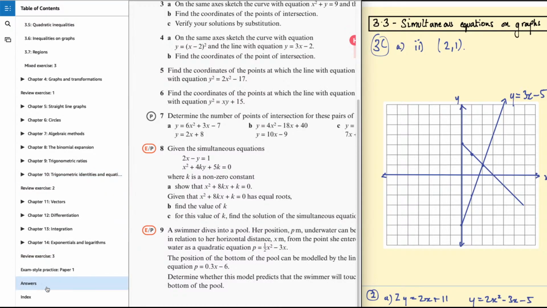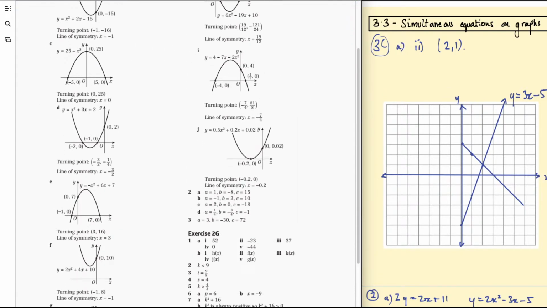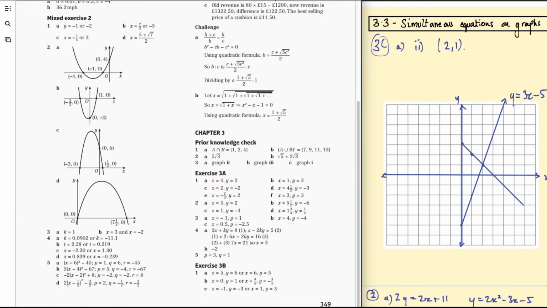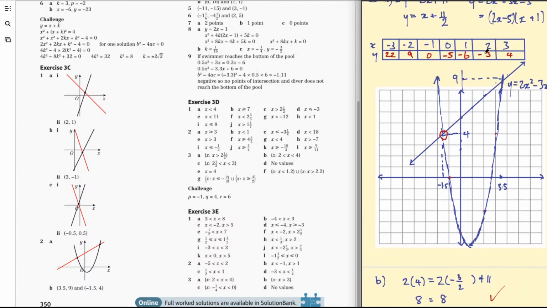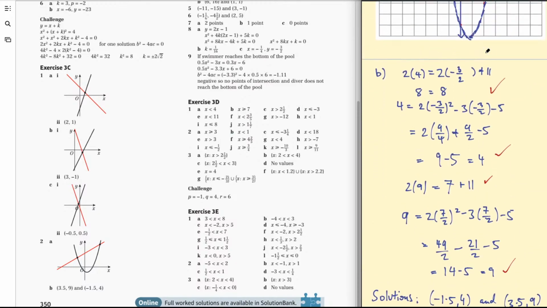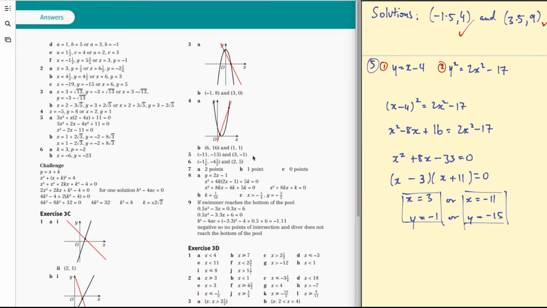So this was exercise 3C. Okie dokie. 3CA was 2, 1, and the graph there. 2B was 3.59 and negative 1.54. 5 was negative 11, negative 15, and 3, negative 1.